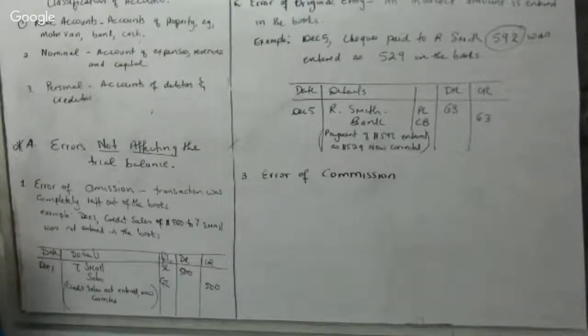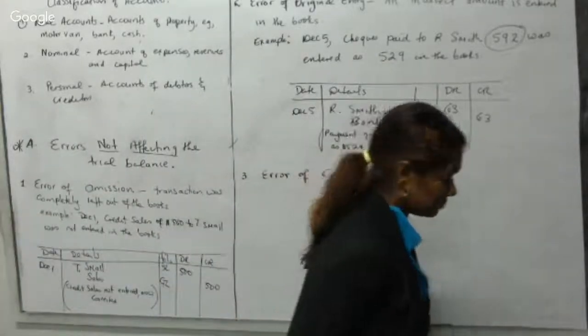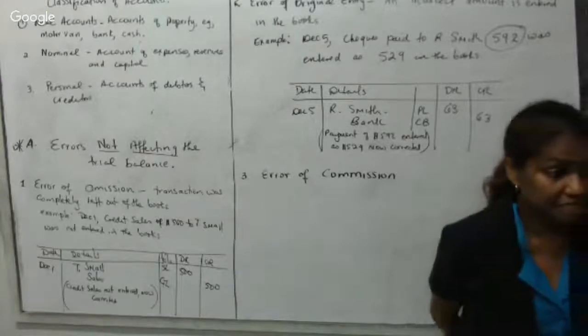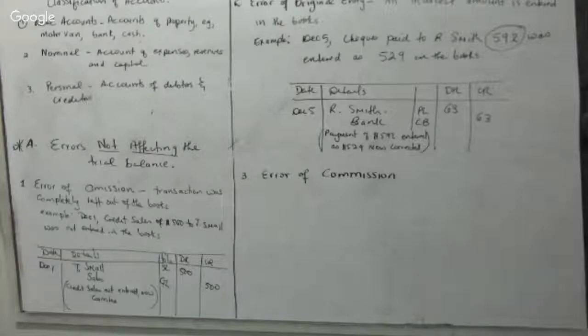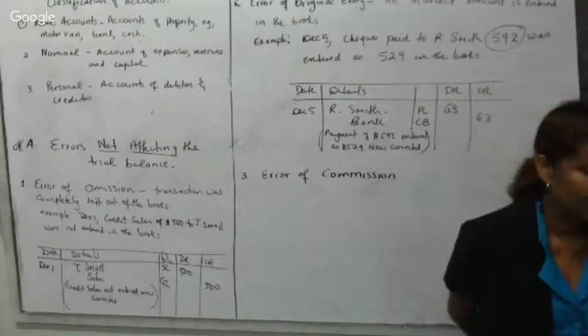Your nominal accounts are accounts of your expenses, your revenues, and your capital. So things like rent, wages, repairs, insurance, rent received, commission received, discount received, interest, salaries. Those would all be nominal accounts.